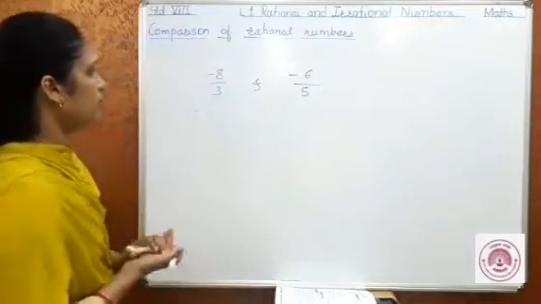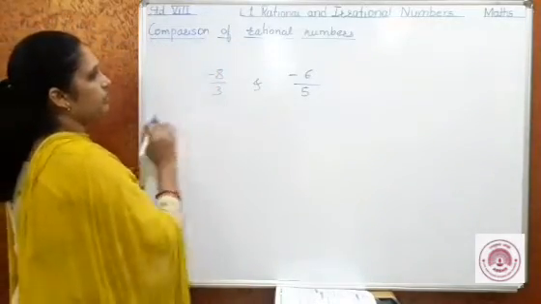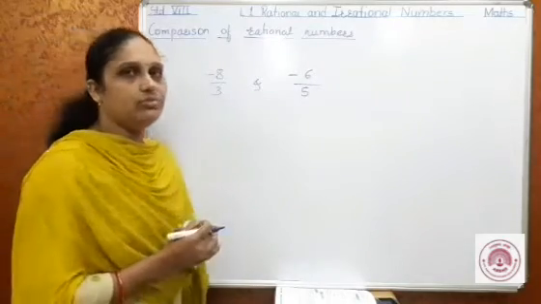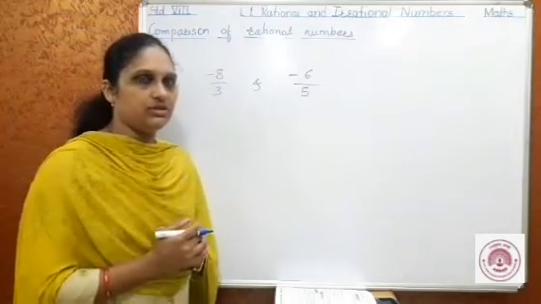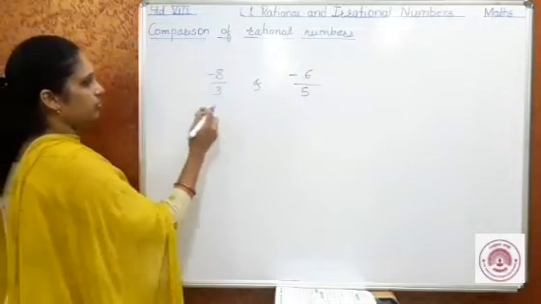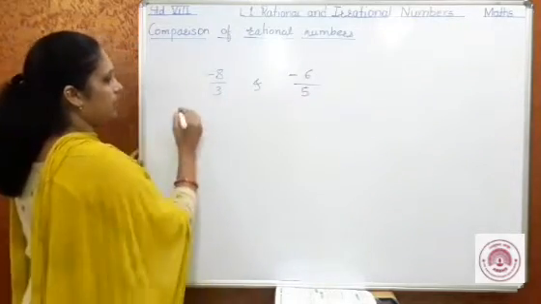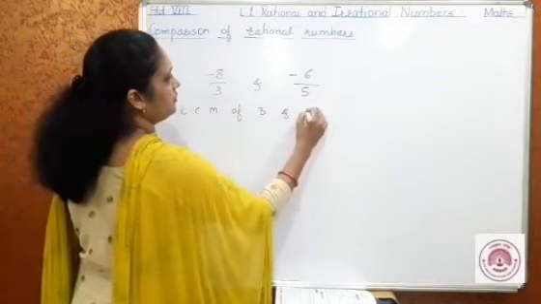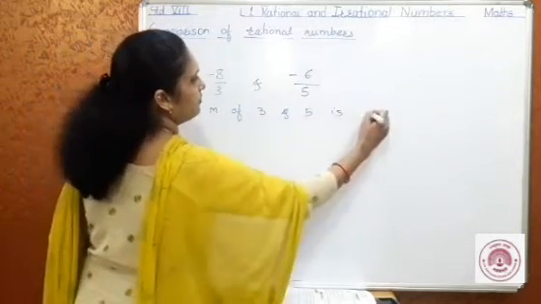So here we'll make the denominators the same, which you have studied in the previous standard. For that we have to find the LCM of 3 and 5. What is the LCM of 3 and 5? It is 15.